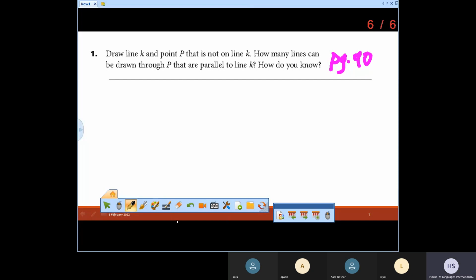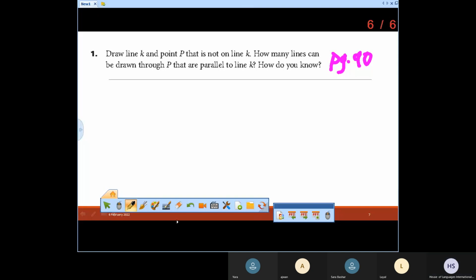Here, in your copy book, I want you now to draw line K and point P that is not on the line K. Now, how many lines can be drawn through P that are parallel to K? Do it in your copy book, please. Line K, point P that's not on the line.